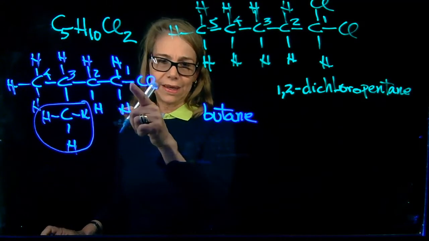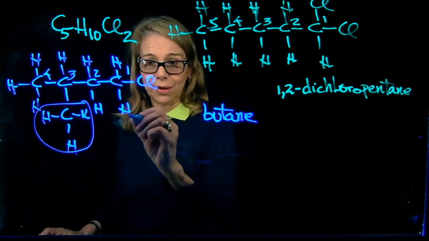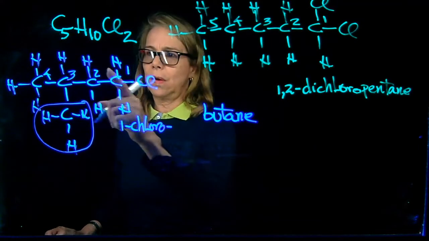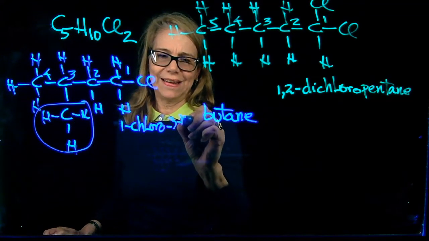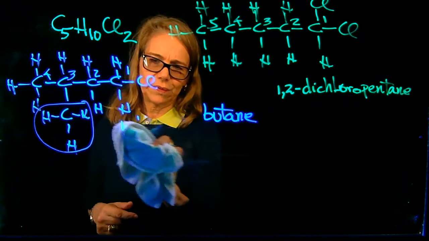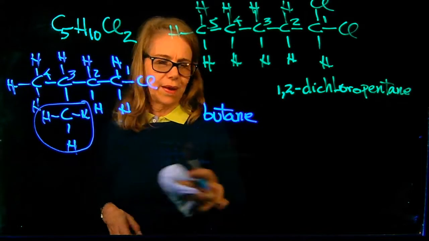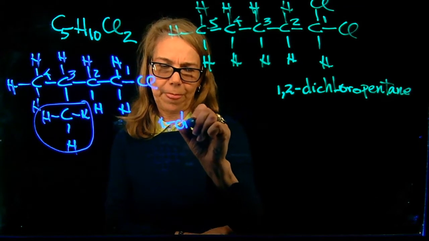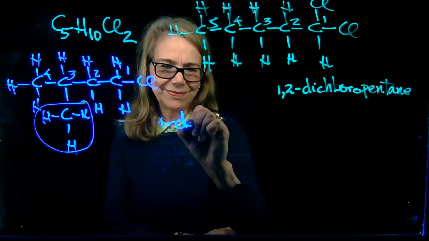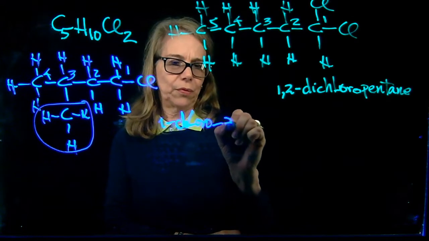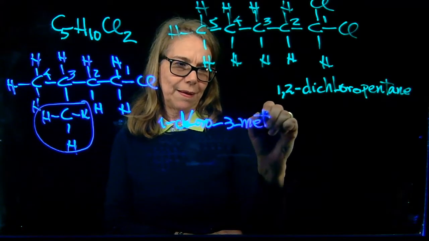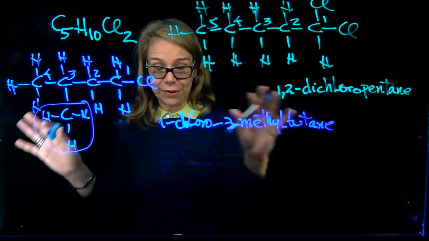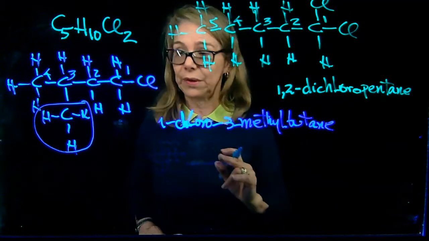And now in carbon number 1, we have a chlorine, so 1-chloro, 3-methyl, and I ran short of room, so I'm going to do it again below. That's 1-chloro-3-methylbutane. The point here is that they have different connectivity and they will also have different names.